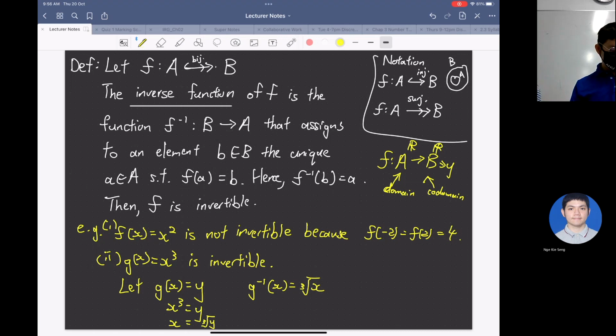So this y lives in the codomain, and this x lives in the domain. R is just one example. For example.